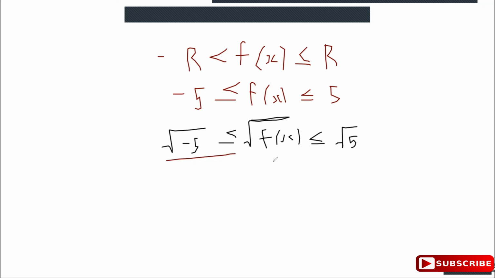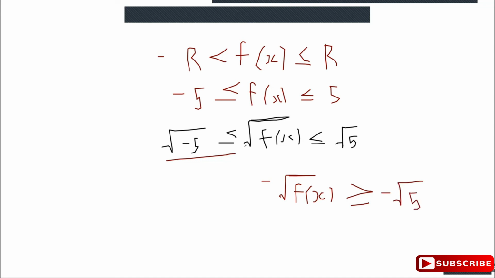Then we're going to have to take the negative of it. So what we get now is minus the square root of f of x. When you multiply by minus 1, you change the inequality sign. So minus the root of f of x is now greater than or equal to minus root 5.